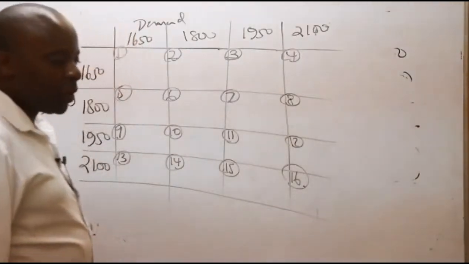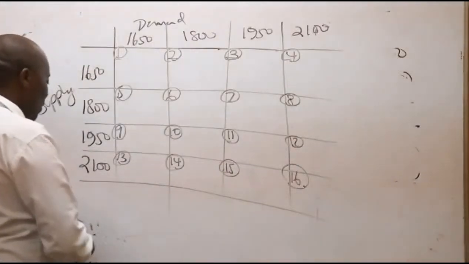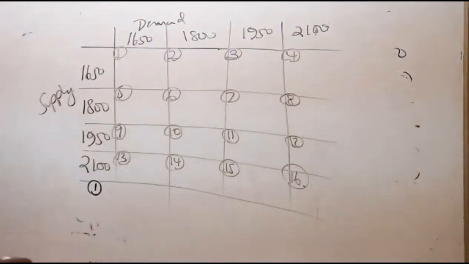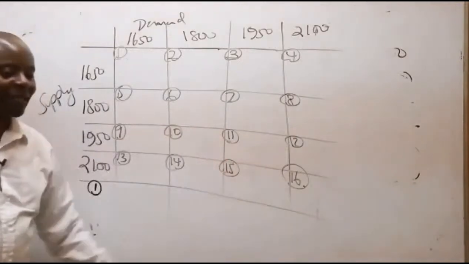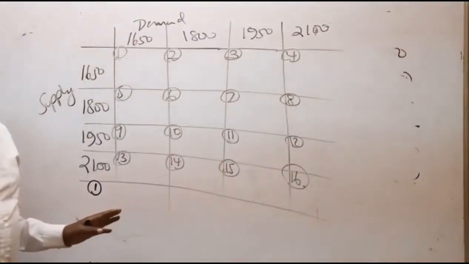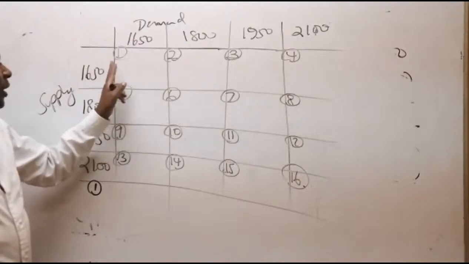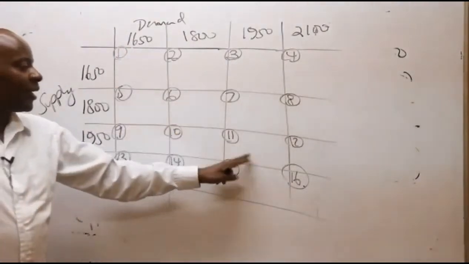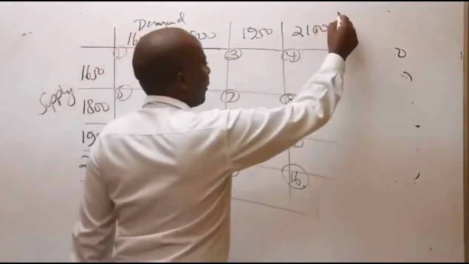So I would want us now to get payoffs for cell number 1. Cell number 1 is a perfect match. Actually, like cell number 1, number 6, number 11, number 16, those ones I can get them without sweating it out. Actually, that's what I do personally. When I start with this perfect square, 1650, I'll go to this, 1800, I'll go to this. So that we get, first of all, the perfect matches.